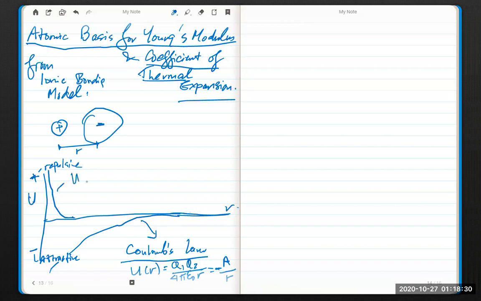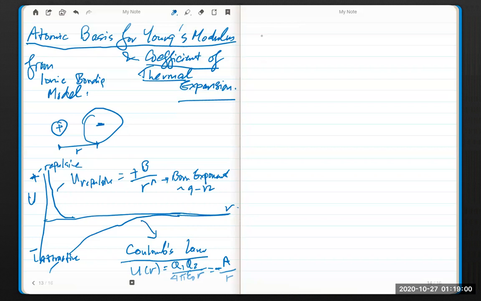The repulsive energy is a positive number, some constant B divided by R to the power of n, where n is what they call the Born exponent, and it's usually somewhere around 9 to 12. So very big compared to R to the power of 1 for ionic, right?